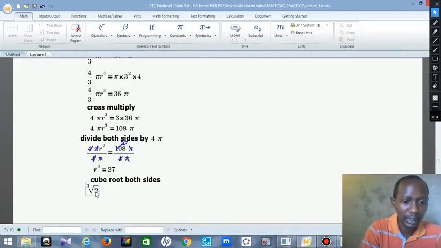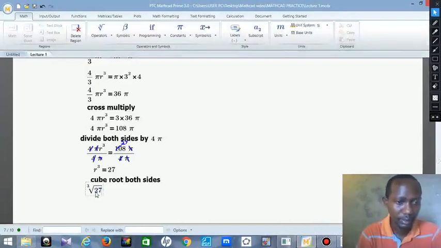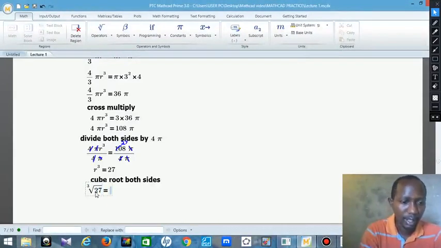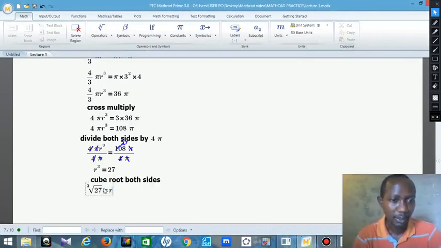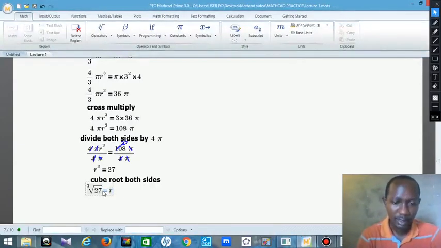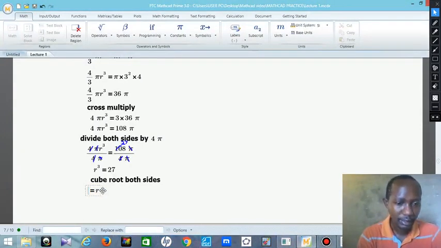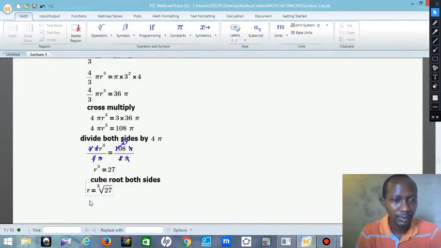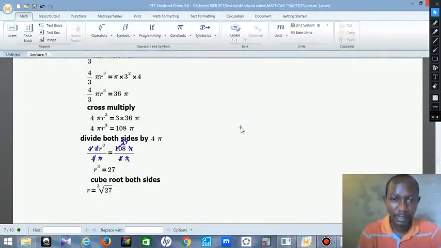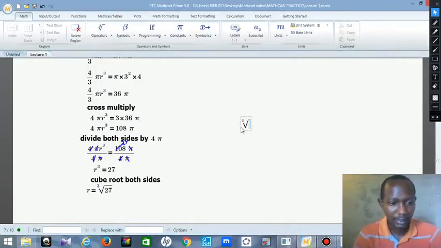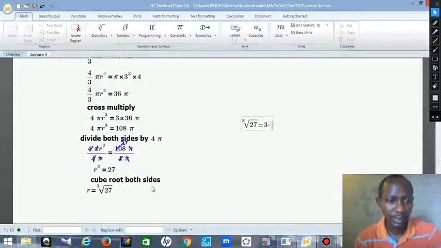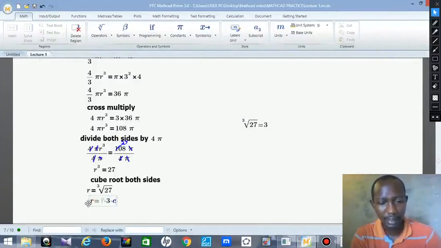So this is the cube root of 27, which is equal to r. Or I can put r on this side, which is r is equal to the cube root of 27. So finally, the cube root of 27 is supposed to give us 3. So therefore r is equal to 3 centimeter.